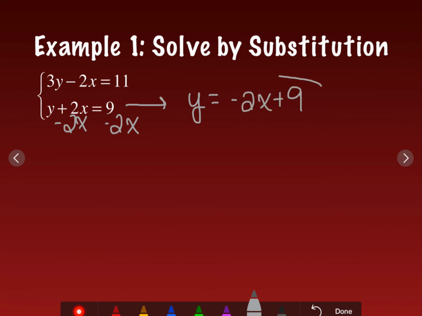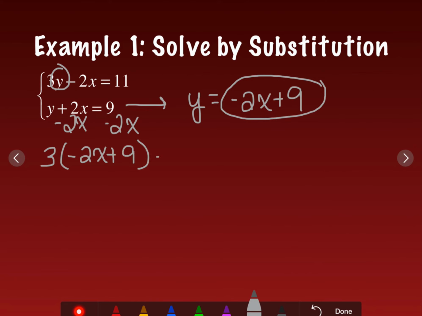I can now substitute negative 2x plus 9 in for y in the top equation. So I have 3 times negative 2x plus 9 minus 2x is equal to 11. And now I have a linear equation that I can solve.